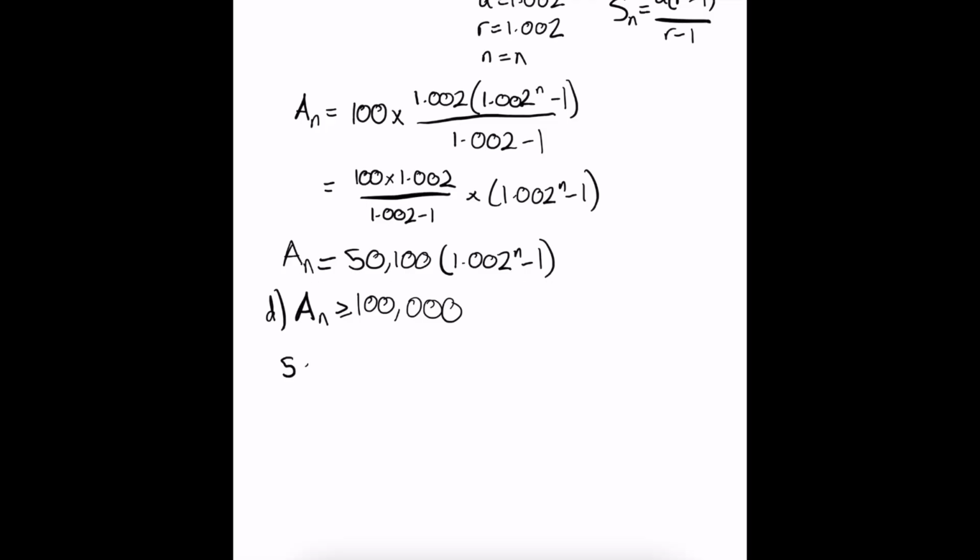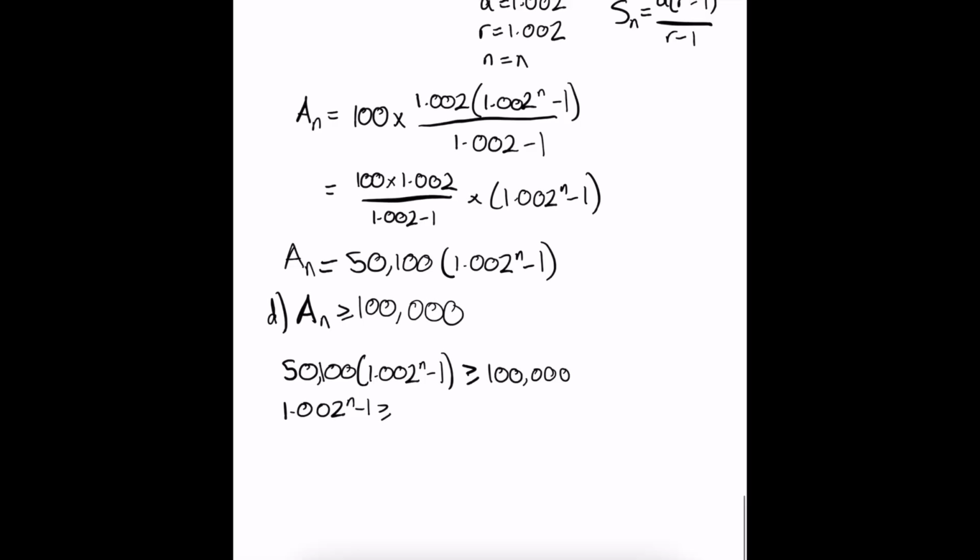So we solve the equation where 50,100 outside of 1.002 to the n minus 1 is greater than or equal to 100,000. When we divide by 50,100 on both sides, we get 1.002 to the n minus 1 is greater than or equal to 1.996, and so on. When we add 1 to both sides, we get 2.996, and so on.